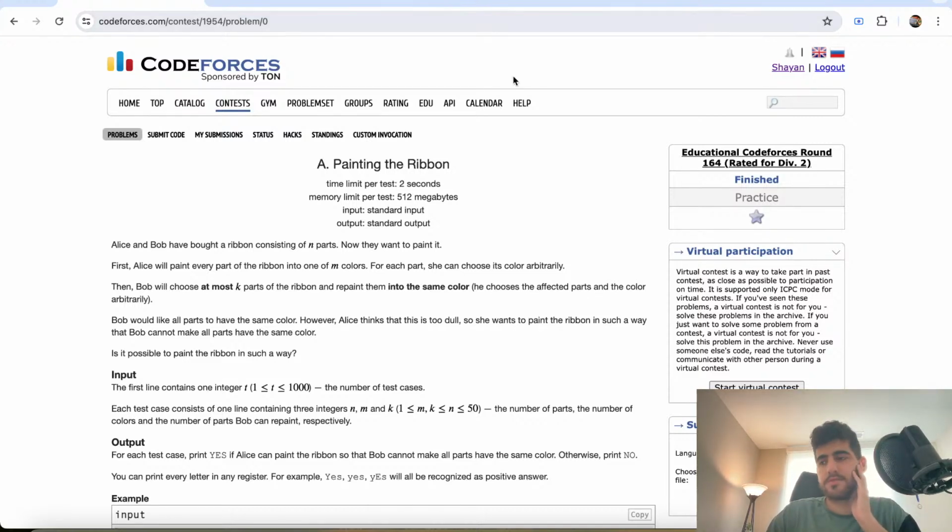let's talk about the first problem here. About the first problem, it says that Alice and Bob have bought a ribbon consisting of n parts, and now they want to paint it. First, Alice will paint every part of the ribbon into one of m colors. For each part, she can choose its color arbitrarily.